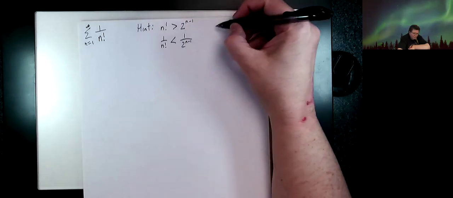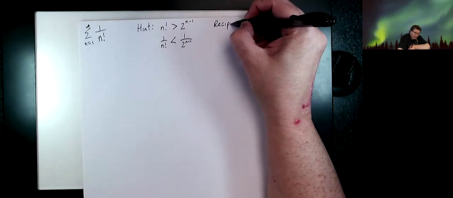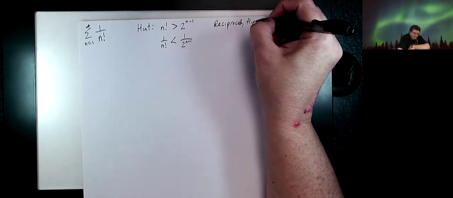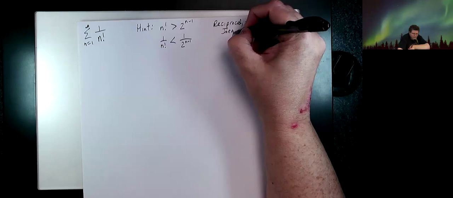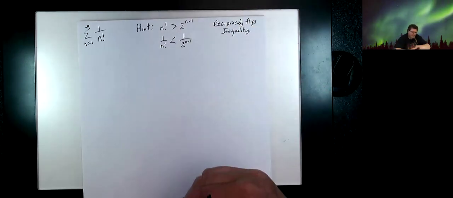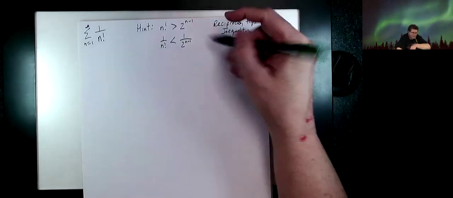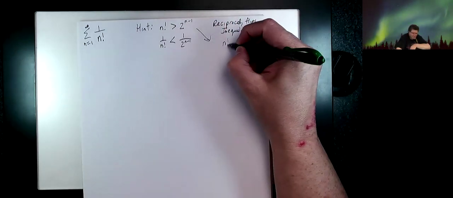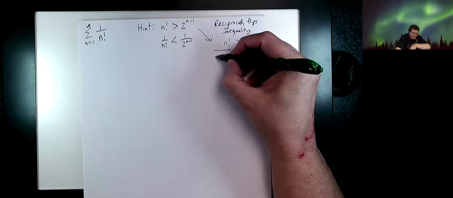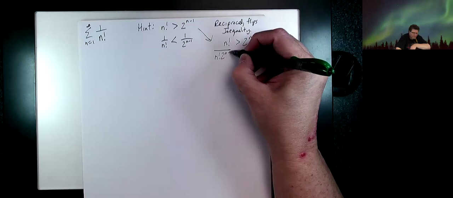If you do the reciprocal, flip the inequality. And if you don't believe me, start with that and divide both sides by n factorial times 2 to the n minus 1.